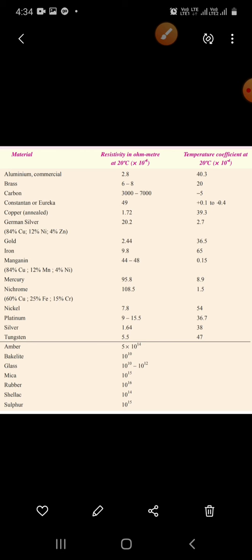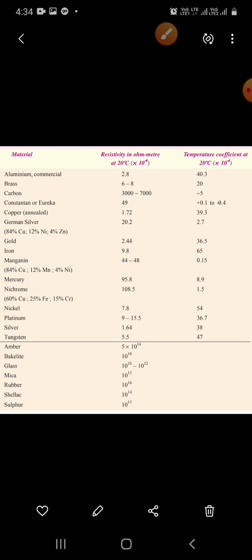If we have a different temperature, then a different resistivity will be available for a material, a metal, a conductor, or any kind of material. So for different temperatures, different resistivity and different resistance is offered by the conductor. For that, I have considered a temperature of 20 degrees centigrade, and for this temperature I am showing the table here.